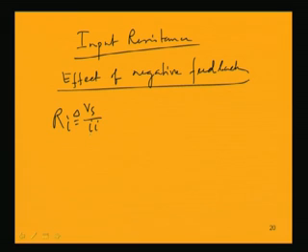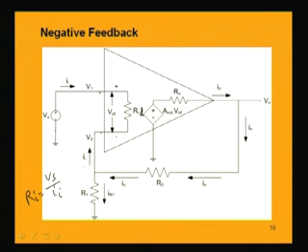If we look into the circuit, this input current Ii is equal to Vs minus V2, divided by RID.